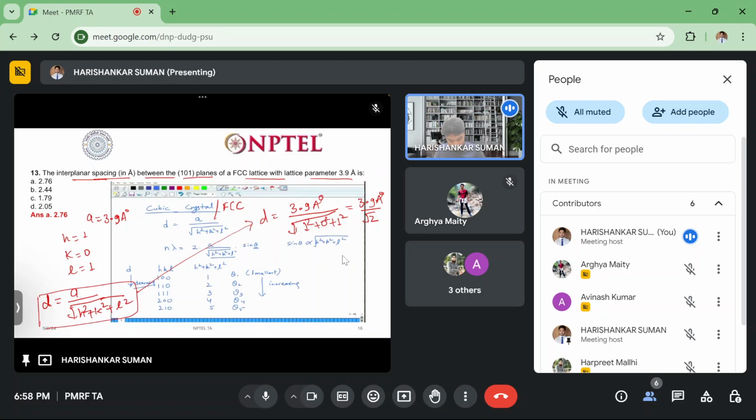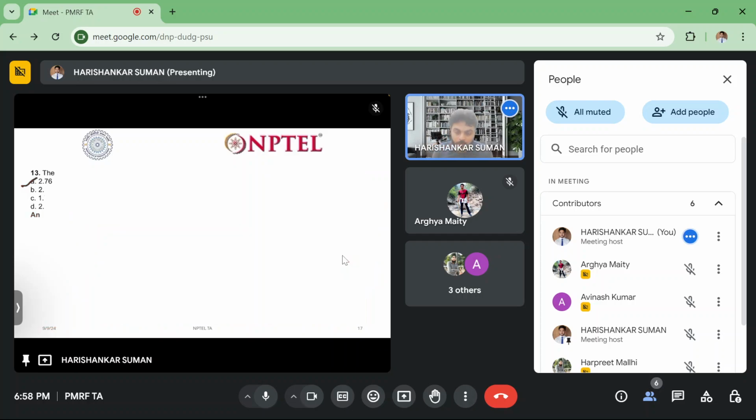Three point nine divided by root 2, so this will be 2.758, or approximately 2.76. So option A is correct. Let's move to the next question.